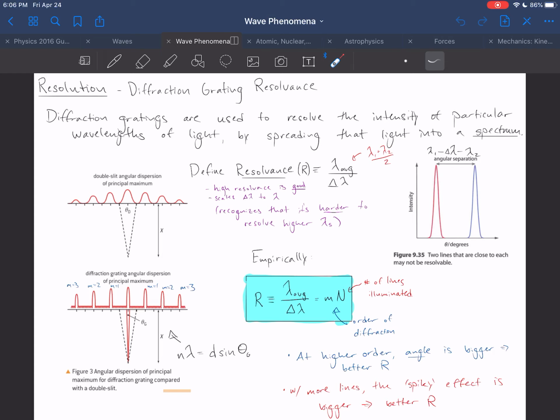So what that means is that we can then take this quantity resolvance. That's our quantity that says how good our diffraction grating is. A high resolvance diffraction grating is a very good diffraction grating, and it separates light very well. And we can say empirically that that resolvance R is equal to m times N, where m is the order of the diffraction.